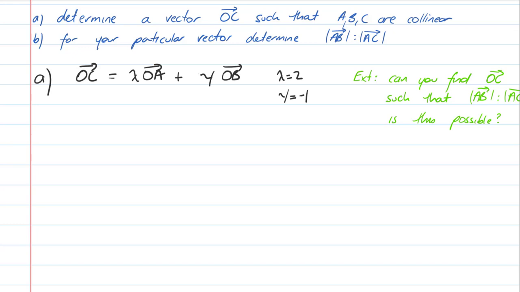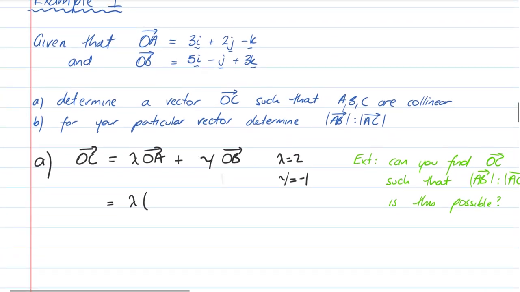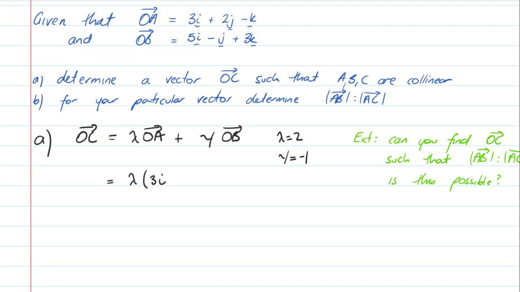That sounds like fun. And so we get this, OC is equal to lambda times by 3i plus 2j minus k plus -1 times by 5i minus j plus 3k.